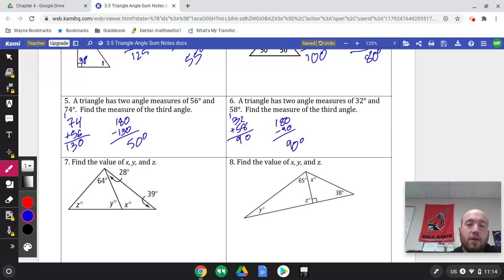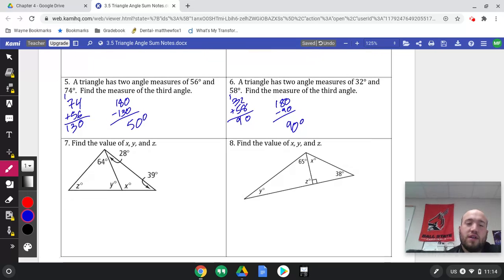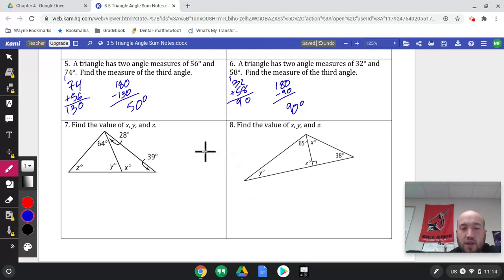Now down here at the bottom, we have a couple more things. We've got two different triangles beside each other. For this, we need to first focus just on one triangle. So don't worry about anything over here for now. All we're going to worry about is this triangle, and solve it just like we did above.